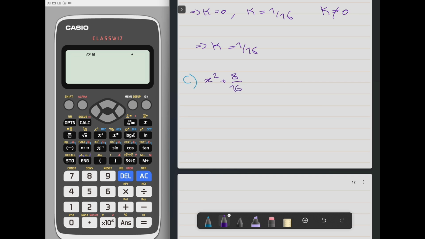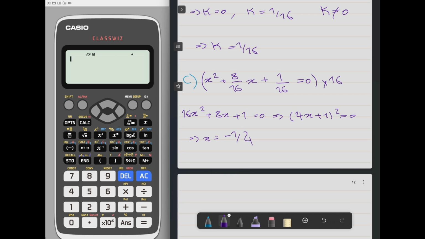So x squared plus 1 over 2 x plus 1 over 16 equal to 0. Since I hate division, I just multiply this by 16. It will be 16x squared plus 8x plus 1 equal to 0. And then I will have (4x plus 1) squared equal to 0. So x is going to be equal to minus 1 over 4.